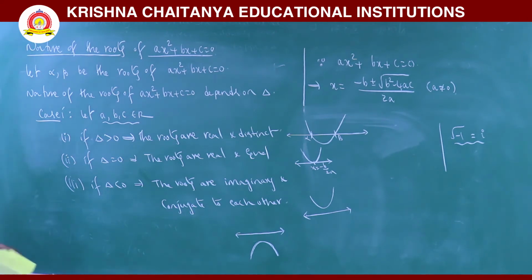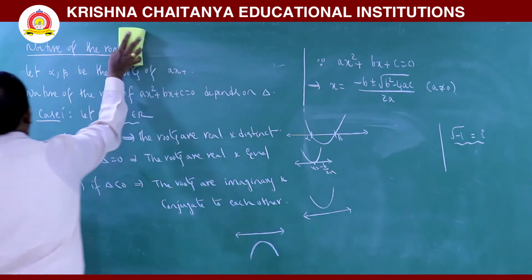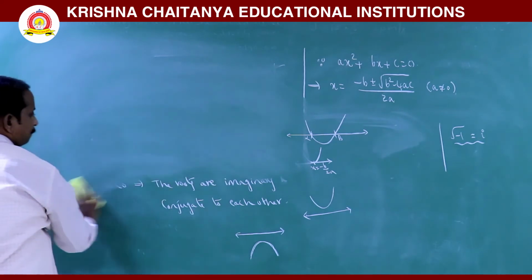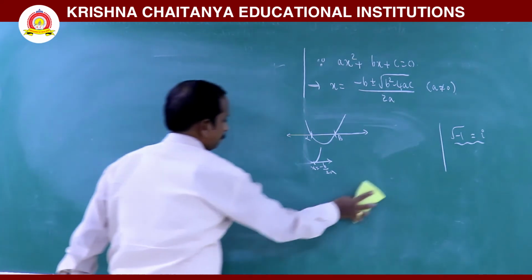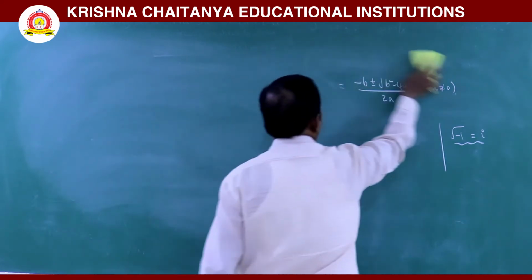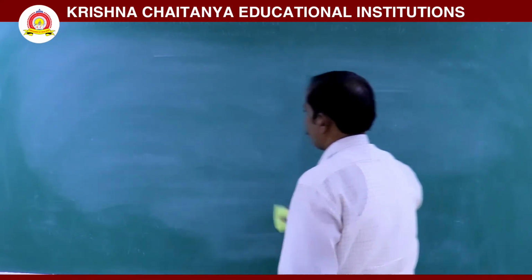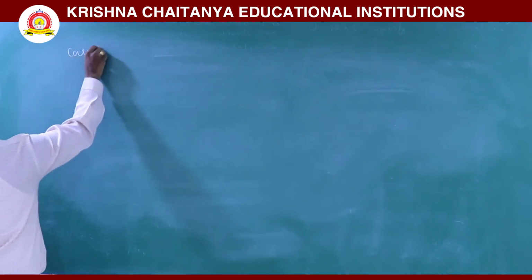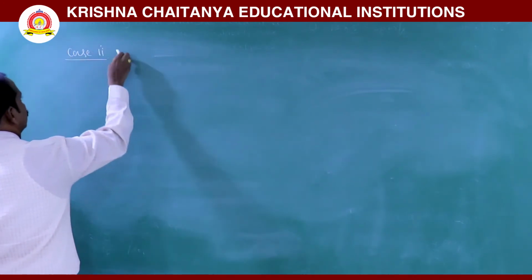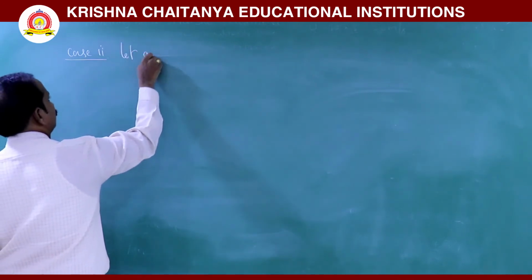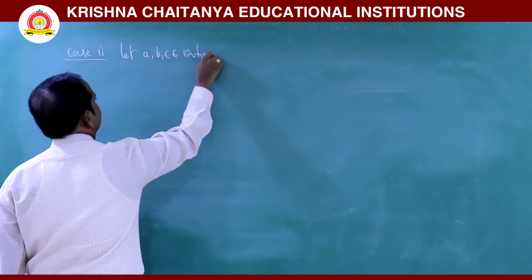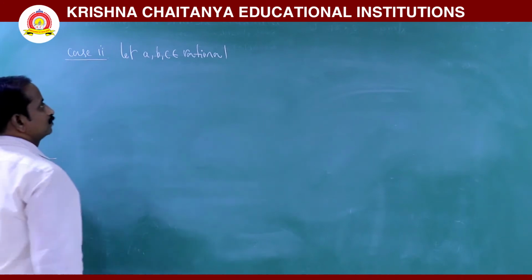Now we move to the second case. Let a, b, c belong to rational numbers.